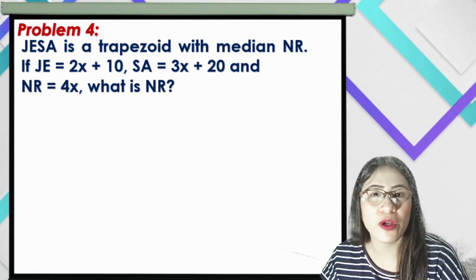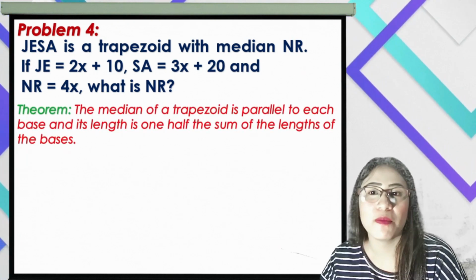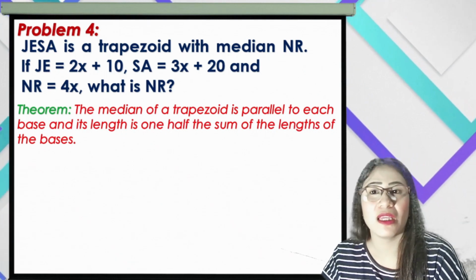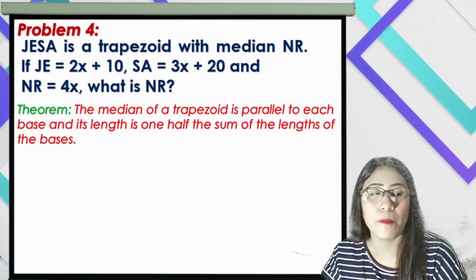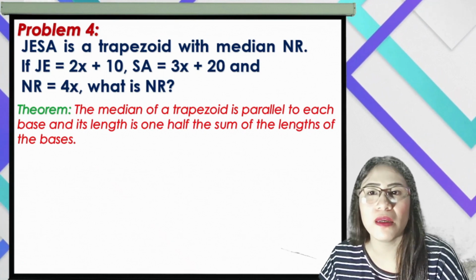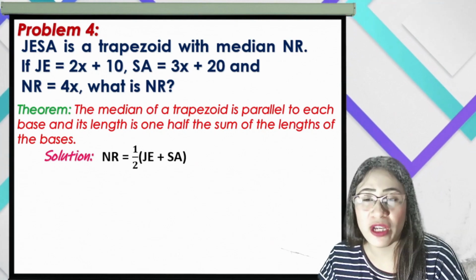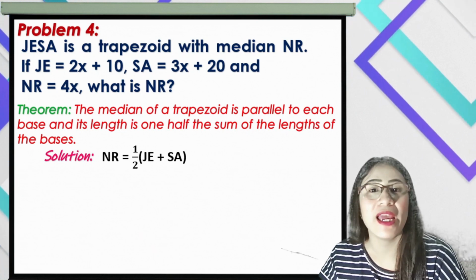The theorem involved is: the median of a trapezoid is parallel to each base and its length is 1/2 the sum of the lengths of the bases. So NR, the median, is 1/2 of the sum of JE and SA.